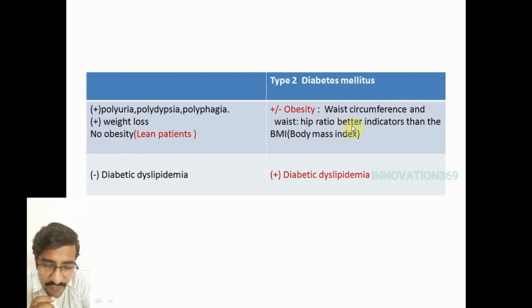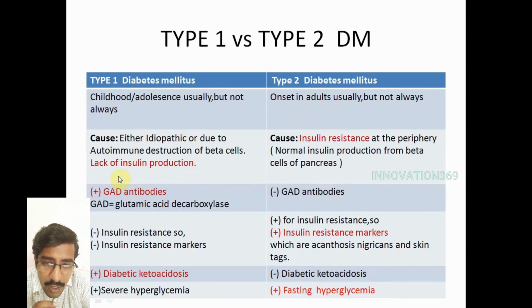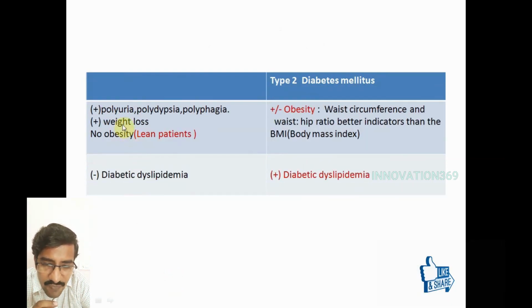Another significant difference between type 1 and type 2 diabetics is that in type 1 diabetes you don't see diabetic dyslipidemia. On the other hand, in type 2 diabetics you see what is called diabetic dyslipidemia. Now, to describe the differences briefly, in type 1 diabetes you see lack of insulin production, you see GAD antibodies, or in full form glutamic acid decarboxylase antibodies, you see diabetic ketoacidosis, you see weight loss, and because of weight loss the patients are very lean.